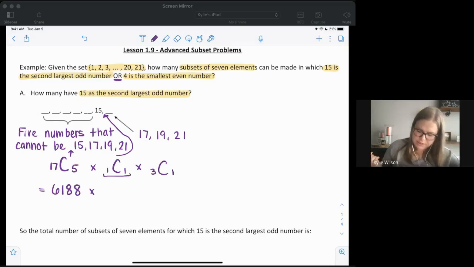We multiply because we're using the word and, because I need that first bit and the next bit and the last bit. 1 choose 1 is just 1. And that's because it has to be a 15. Again, you don't need to include that part. It does just help some people understand. And then we have 3 choose 1, which is 3.